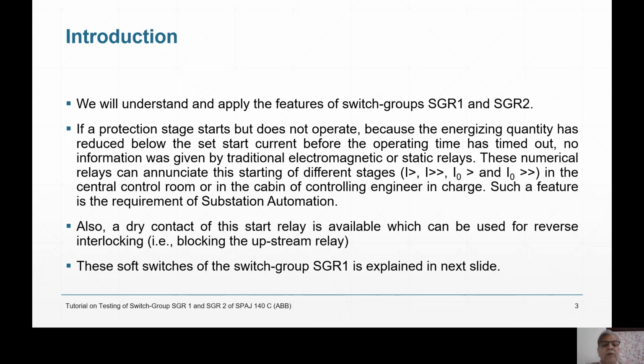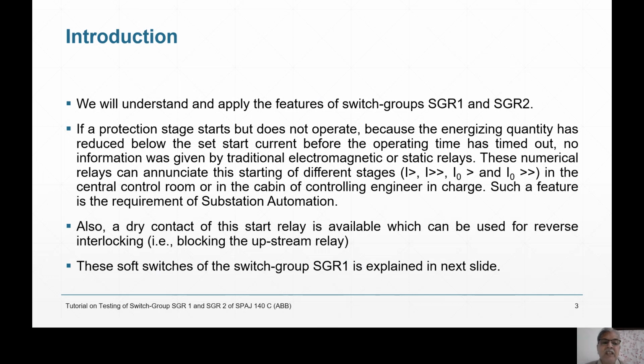That was one important application of start signal. Similarly, another important application is that if you want to indicate that start signal somewhere else, not on the relay panel, but somewhere in the control room, somewhere in engineer's cabin, that indication is possible because start output is a dry contact, and that dry contact you can use to indicate the starting of the relay.